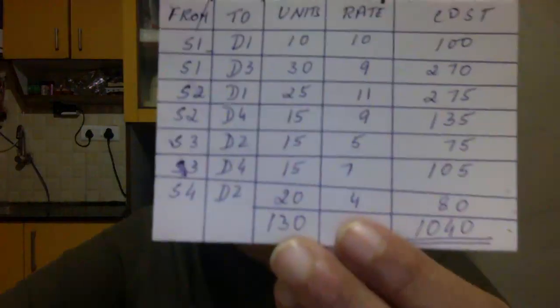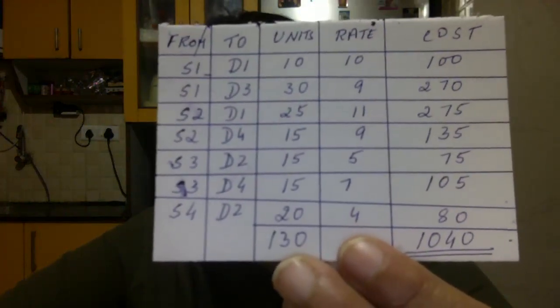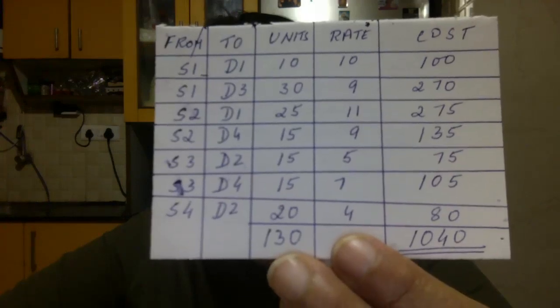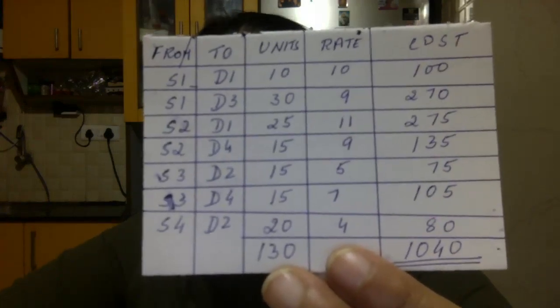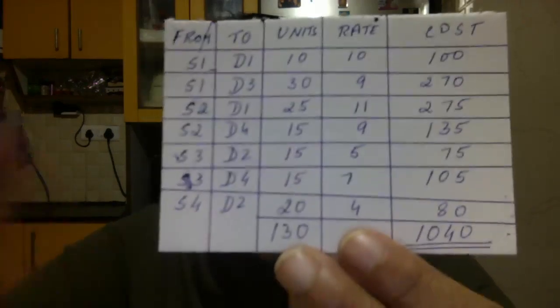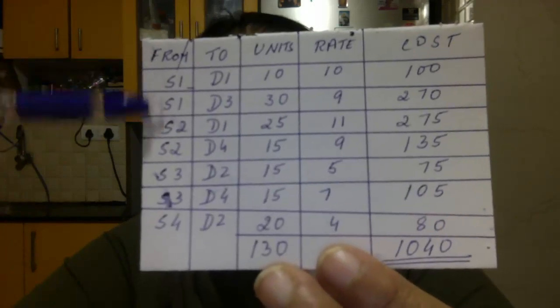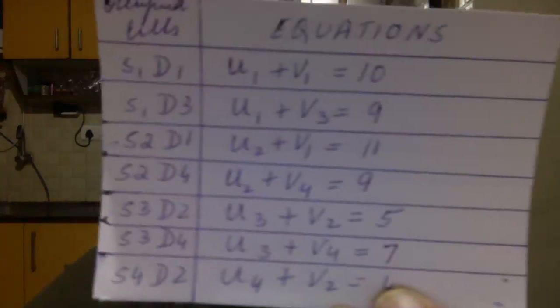But first we will do the transportation cost. We did the transportation cost. When we did the transportation cost, you got all these cells. These cells are the allotted cells or the occupied cells. So next, what you did is you took the occupied cells.